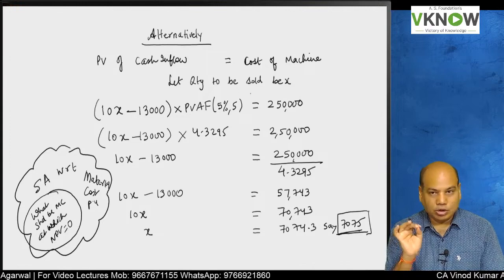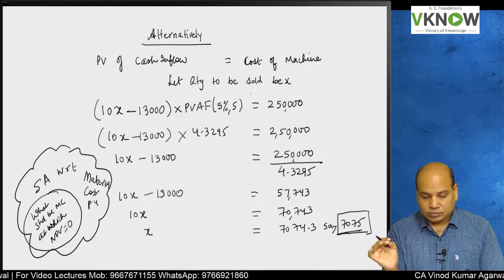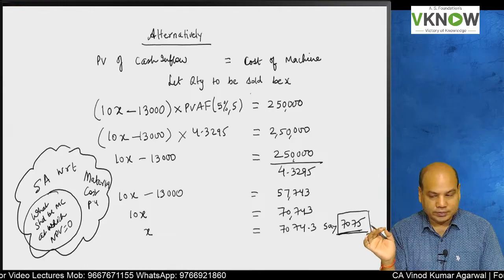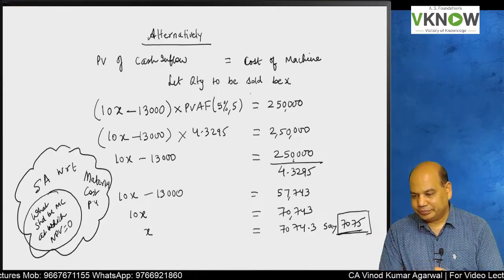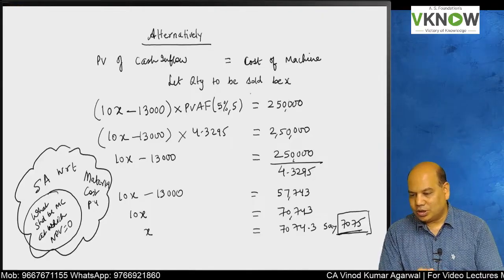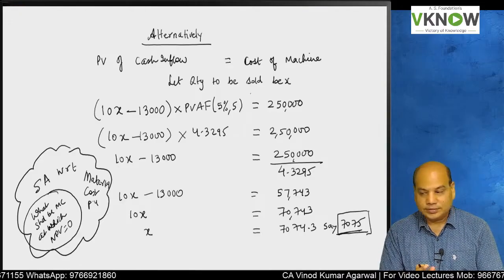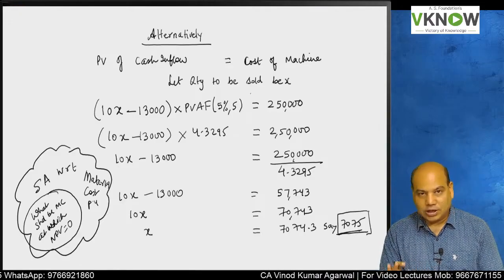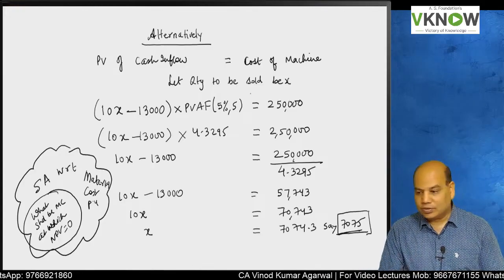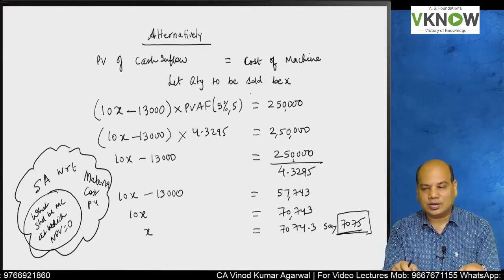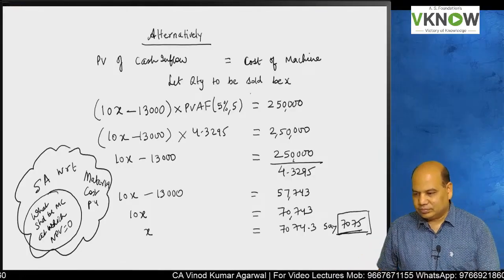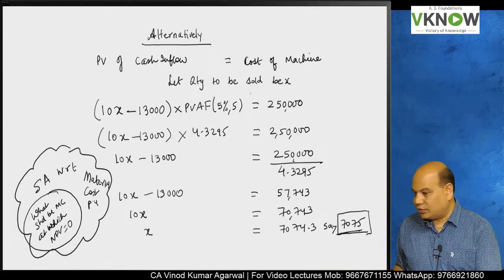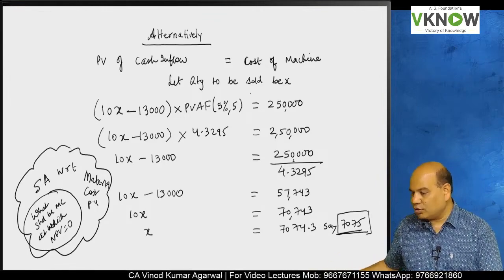What should be material cost per unit at which NPV will be 0? So the student has to answer material cost per unit. I'll give you 30 seconds to think. 30 seconds starts now. In the same way you have to solve, but you have to write your own equation.